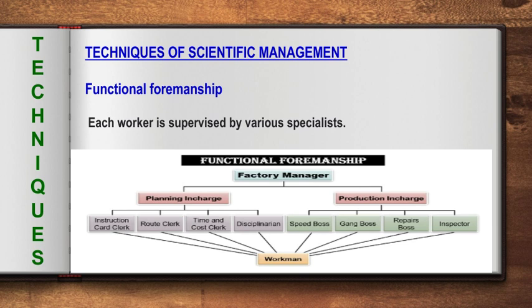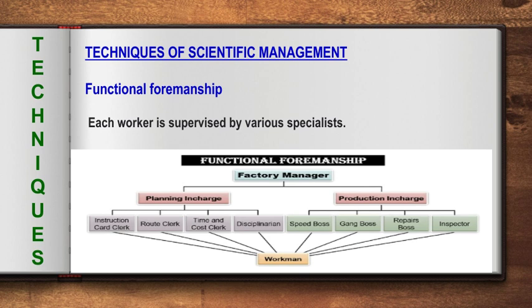One was the planning department and the other was the production department. These departments were to be managed by separate heads who worked under the factory manager, known as the planning in charge and the production in charge. These in charges would in turn have 4 types of foremen working under them.